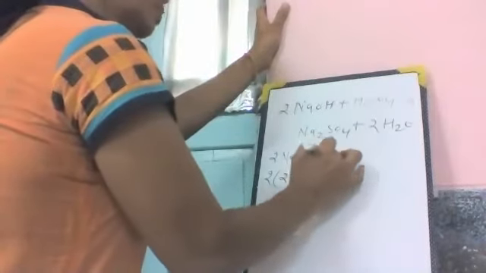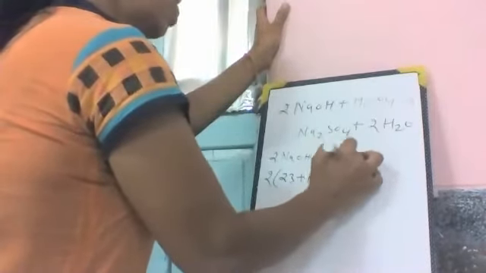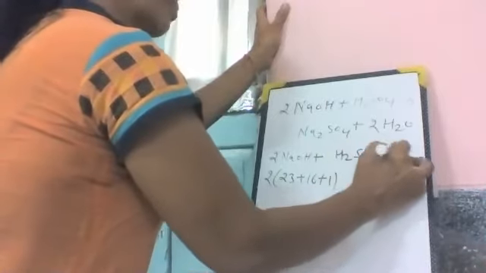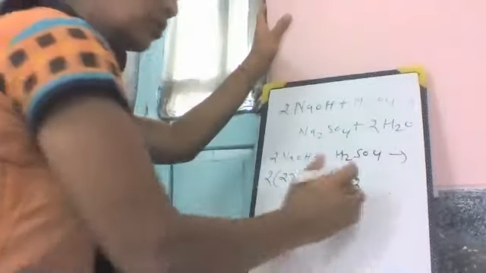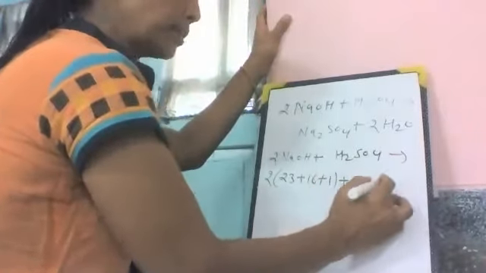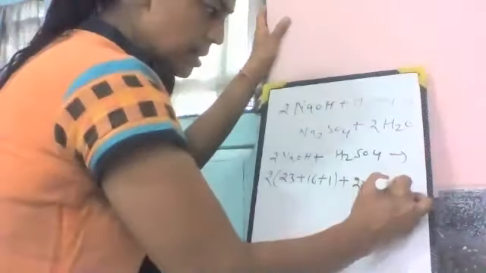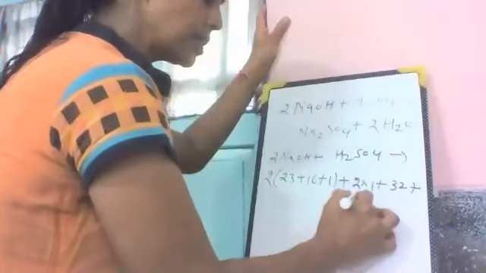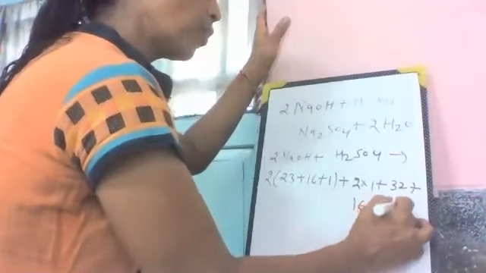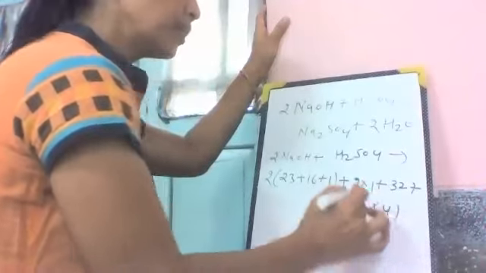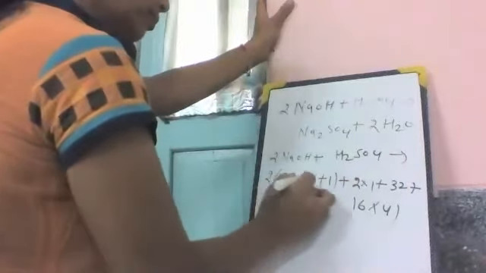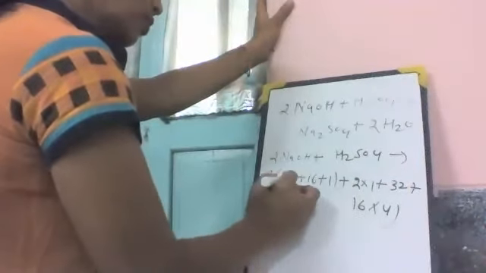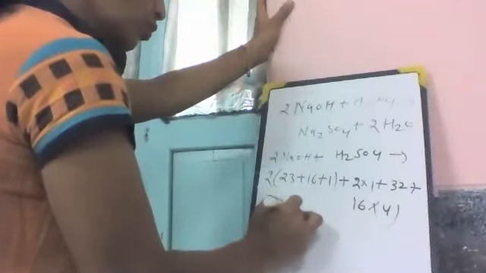This is NaOH. Then H2SO4: 2 multiplied by 1 plus 32 plus 16 multiplied by 4, because we have 4 atoms of oxygen. To solve it, 2 multiplied by 40 gives 80.